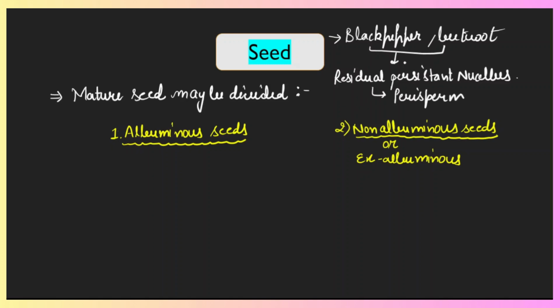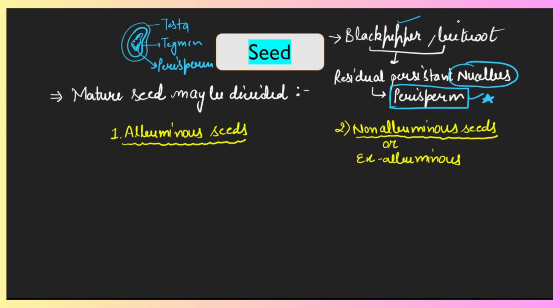Perisperm, this term is very important. If this is the seed, the outermost covering is the testa and the inner one is the tegmen. Inner to the tegmen there is a nutritive layer of tissue which surrounds the seed, that is called the perisperm.